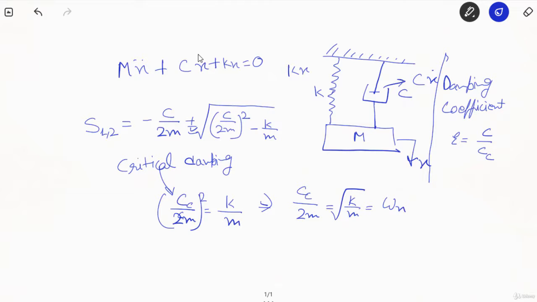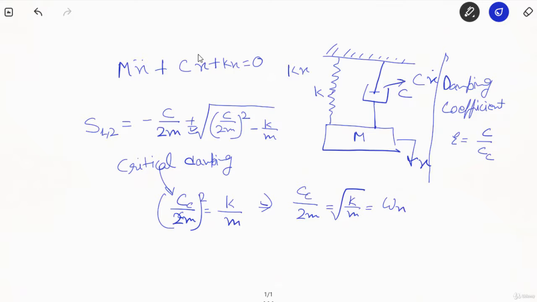Since it is a dimensionless quantity, it does not have units. Now, why have we discussed all this? This damping coefficient, which involves damping as well as critical damping, will decide whether the system is over damped, critically damped, or under damped, right? These three terms have their own significance in analyzing these systems.